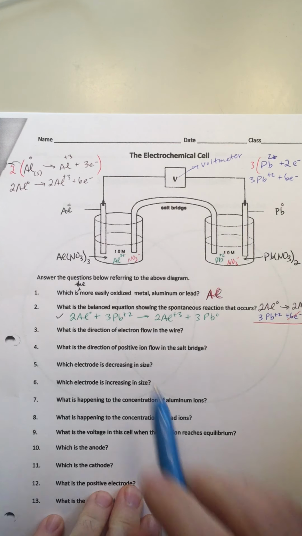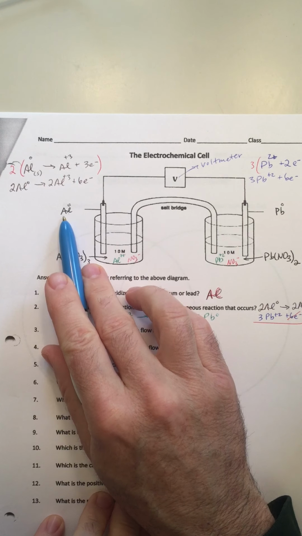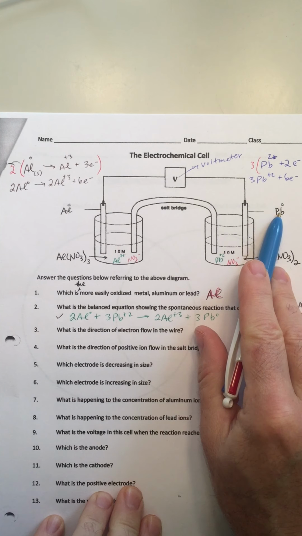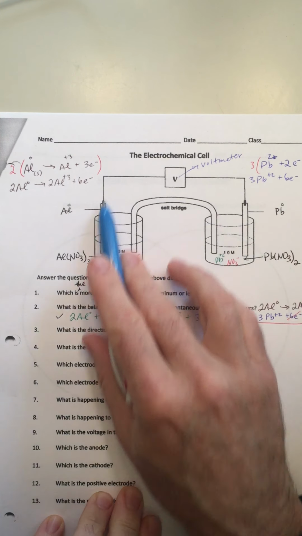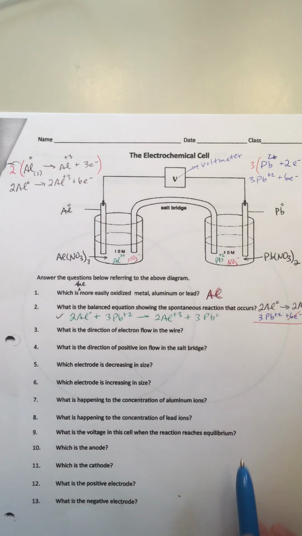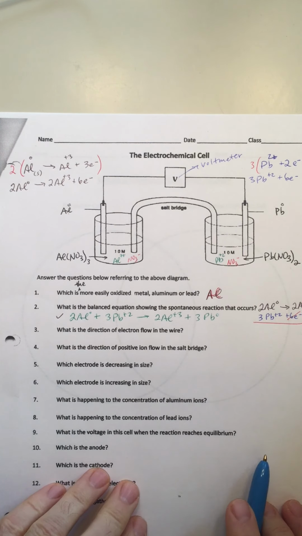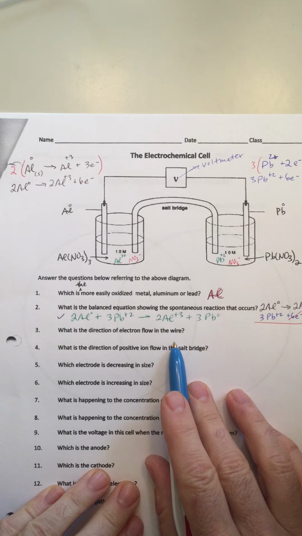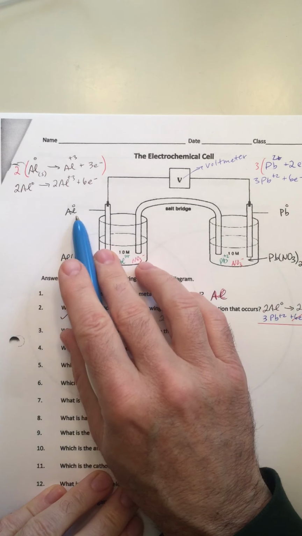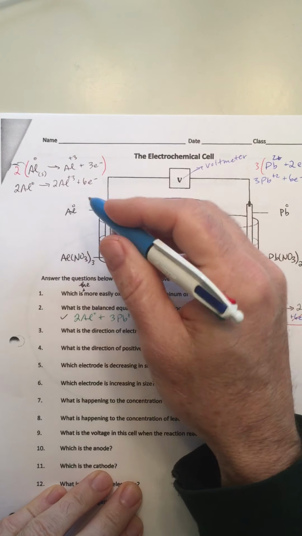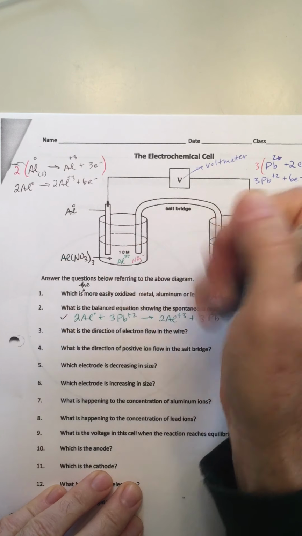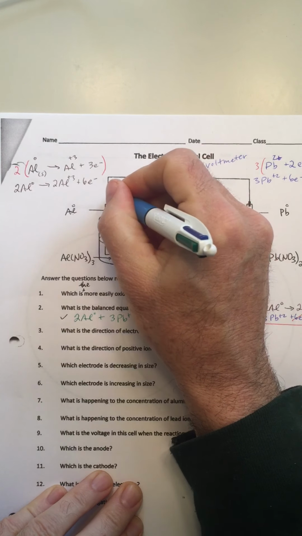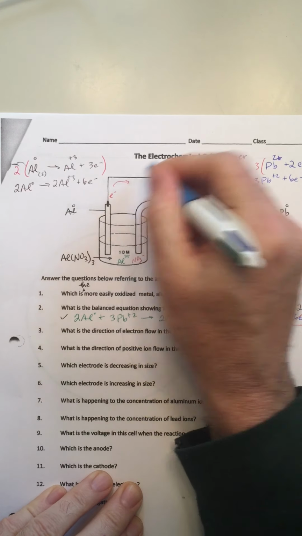Why is it spontaneous? Because aluminum is more reactive than lead. That means the electrons are going to flow. Okay, so what is the direction of flow in the wire? Well, if aluminum loses electrons, the electrons are going to leave the metal, travel through the wire.